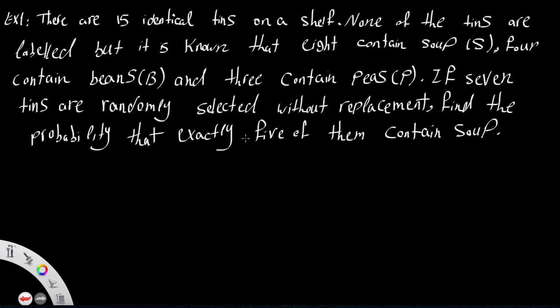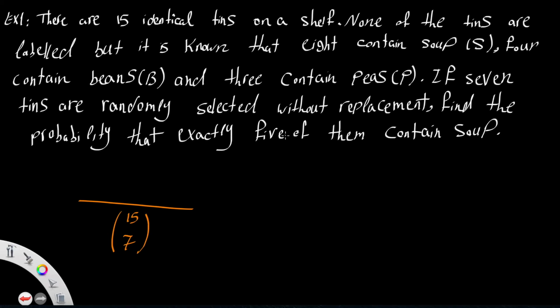As given in the question, you are supposed to select 7 tins randomly. So the total number of tins to be selected is 7, out of overall 15 tins on a shelf. So the total number of outcomes will be combination of 15 and 7, because you are going to select 7 out of these 15.